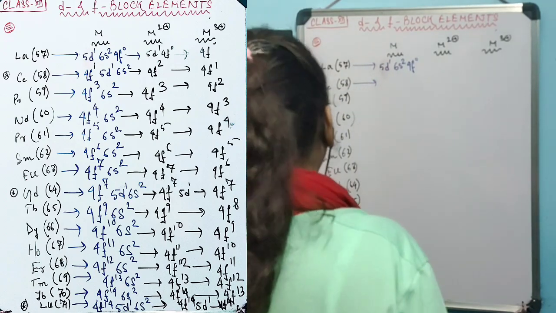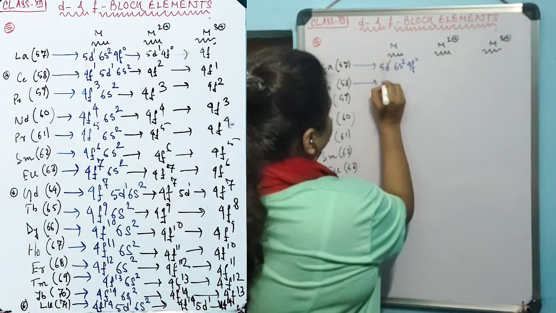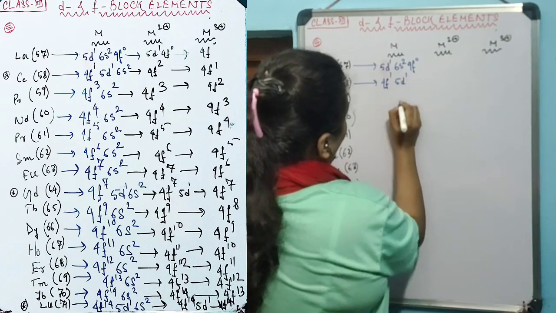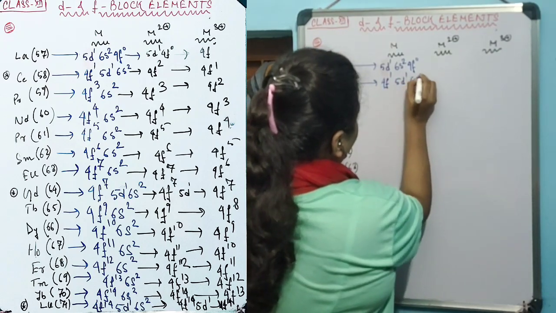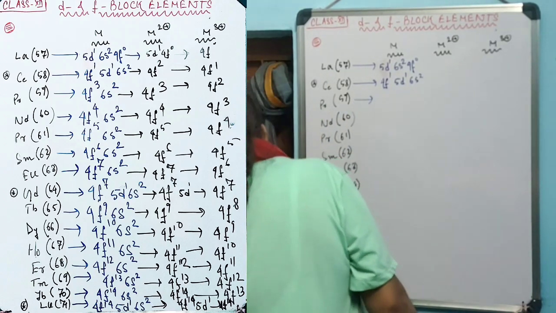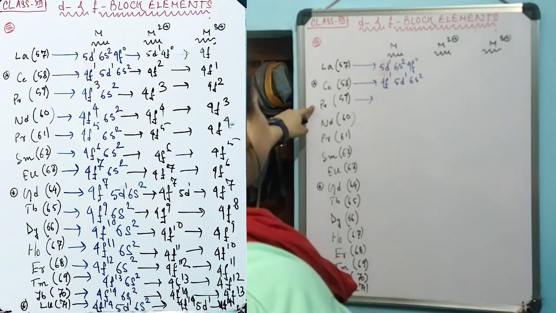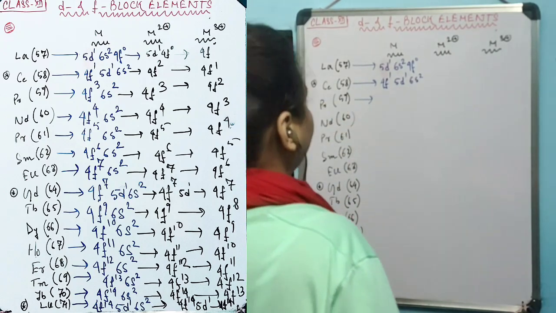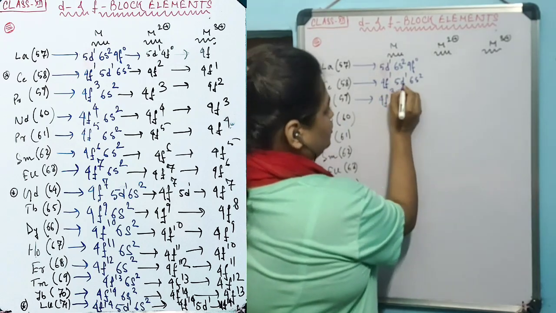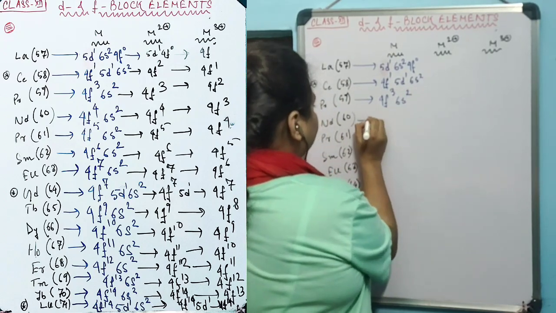For cerium, Ce, the electronic configuration is 4f1 5d1 6s2. For Pr, praseodymium, the electronic configuration is 4f3, no d orbital, 6s2.